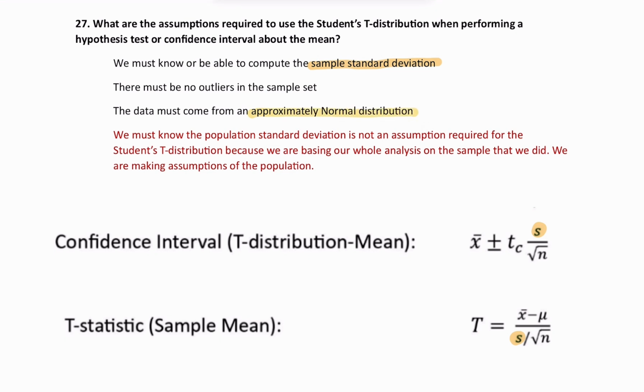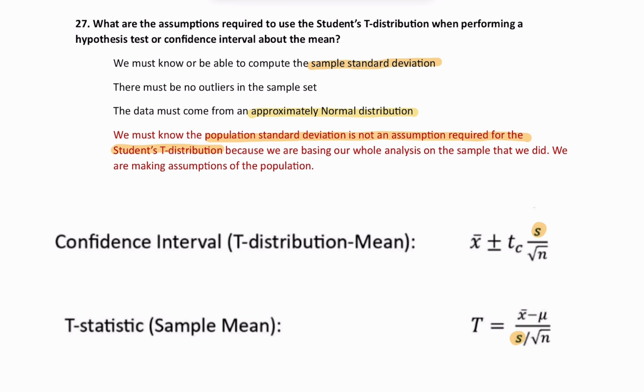This comes from the topic that we talked about earlier, where the student's t-distribution is derived from the normal distribution. So we need to approximate that the nature of that data set is similar to the nature of the t-distribution, which is that normal distribution there. So we have to make sure that they're basically alike in their essence. Also, the big part here to remember is that the population standard deviation is not an assumption required for the student's t-distribution.